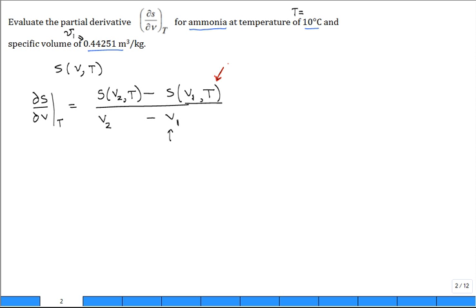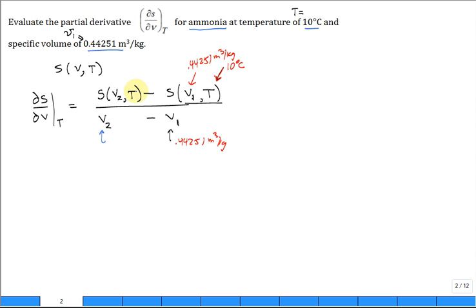That's my 10 degrees C. That's my 0.44251 meters cubed per kilogram. I don't know what is V sub 2, but it's going to be something in the table.